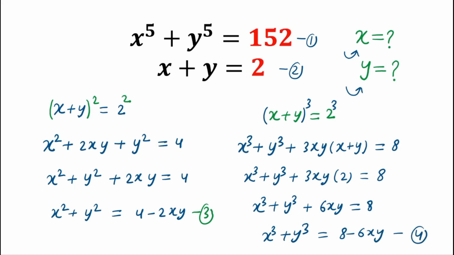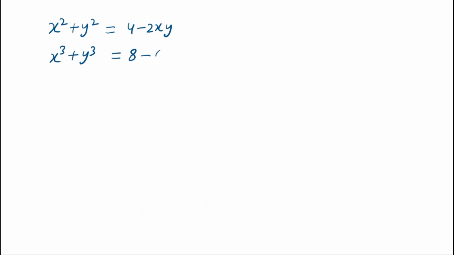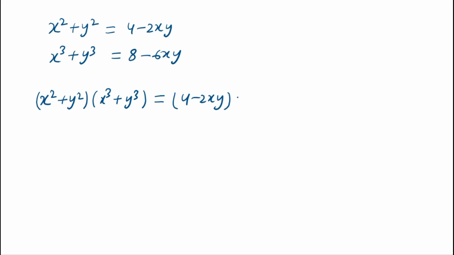Now look carefully at equation number third and fourth. Equation number third is x square plus y square equals 4 minus 2xy, and equation number fourth is x power 3 plus y power 3 equals 8 minus 6xy. If we multiply both the equations, then on the left hand side x square plus y square is multiplied by x power 3 plus y power 3, which equals 4 minus 2xy multiplied by 8 minus 6xy.